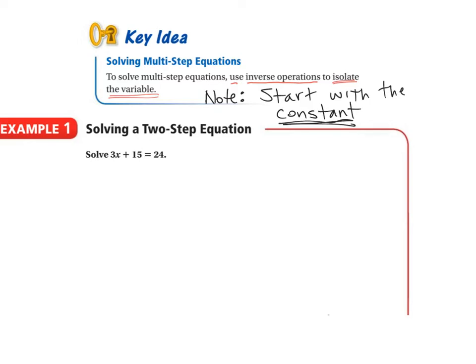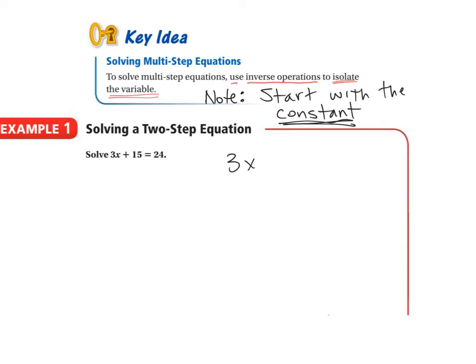I also have a second note I want you to write. So first note is write solving multi-step equations, and then write use inverse operations to isolate the variable. Then I want you to put the note, start with the constant. Once you have done any property that is necessary, here we don't have to distribute, so we are just going to start.